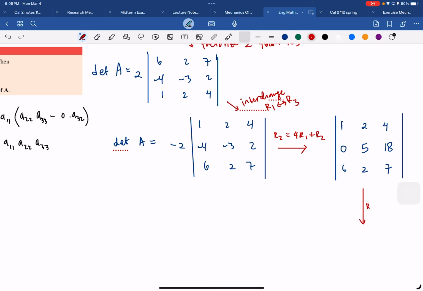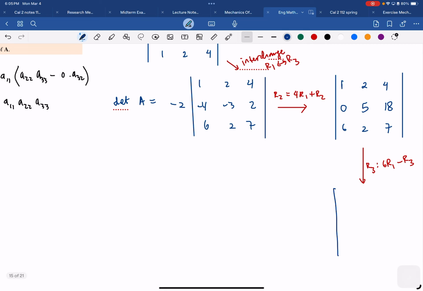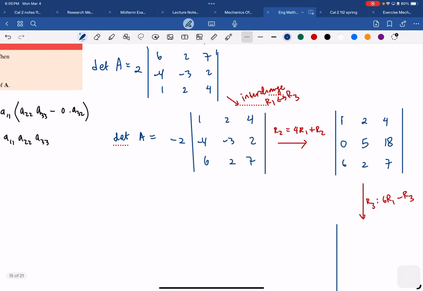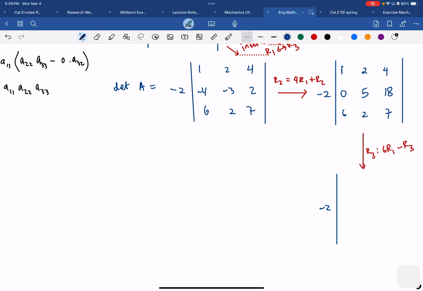So this will be our new R3 is 6R1 minus R3. Oh, I forgot to write the negative 2 here. So 1, 2, 4, 0, 5, 18.